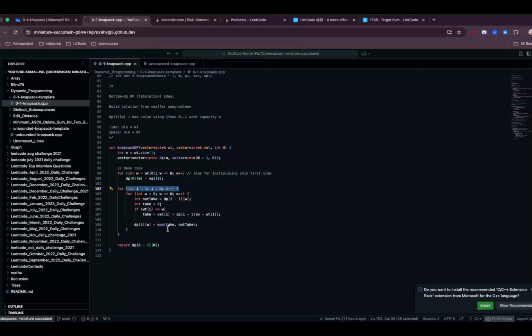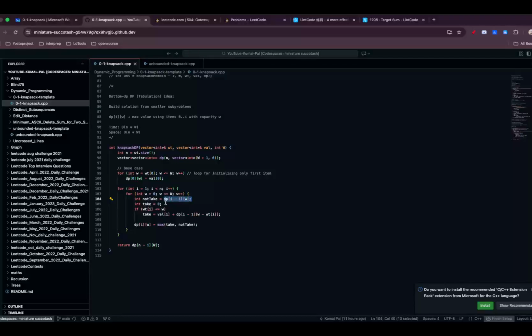So like this, the main thing is that if we are not taking, we are taking the previous one, that is I minus 1, and the weight remains the same, when we are not taking the present one.